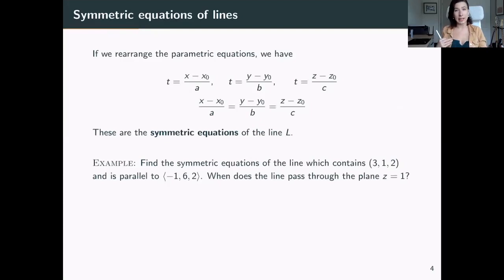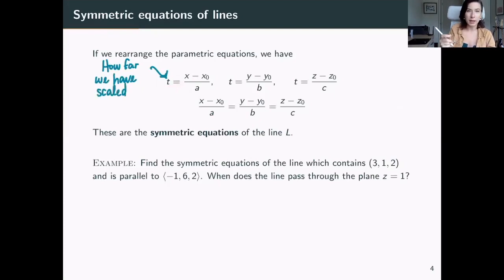If we rearrange each one of the parametric equations to solve for the parameter t, so again here, this t is representing how far we have scaled from our initial point. So depending on how far you want to get away from that initial point or how close you want to be to that initial point.